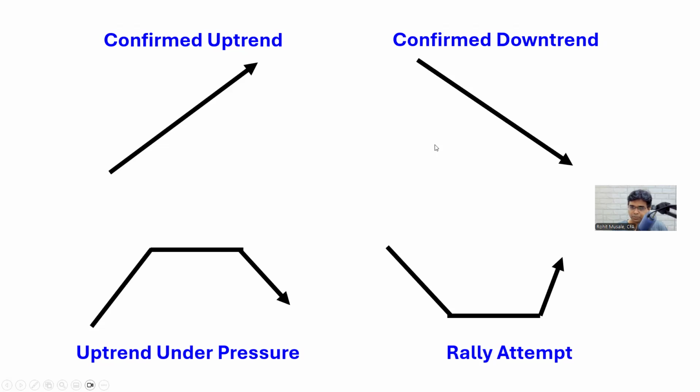Number two, position size. How will you decide what position size you should take? If the market is in a rally attempt, will you go in with a full position size? That is very risky, so go in with like 20-25% position size, because the market is trying to attempt a rally. What if the attempt fails? You quickly begin to lose money, or stop losses might get hit, right?